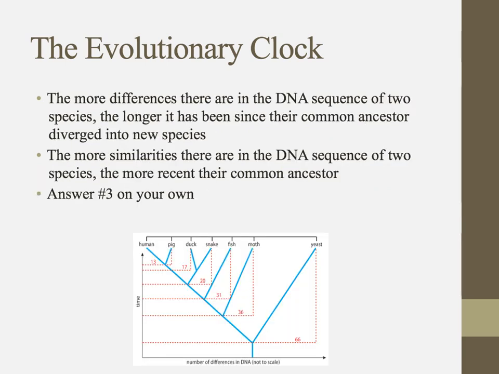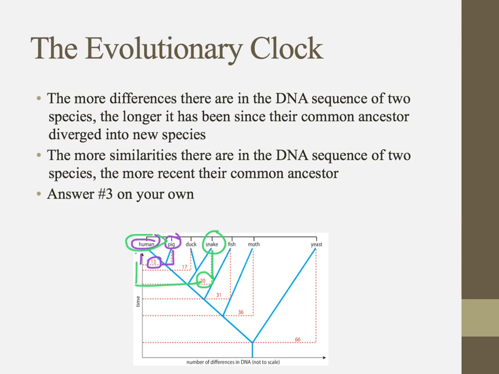If we take a bunch of organisms and use hybridization to determine the number of DNA base sequences that are different between those organisms, we can then do a little bit of comparative work. The more differences there are between two organisms, the less recent their common ancestor is.